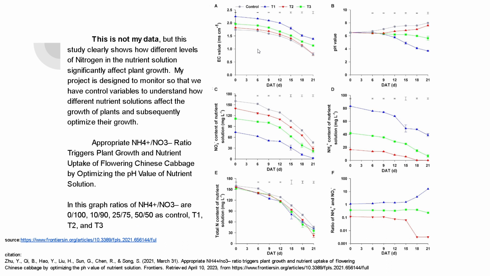And so you can clearly see the EC value, the electrical conductivity that comes from the pH meter, and that's measuring the nutrient solution. So you can basically see how these growth rates are significantly affected by these different ratios.